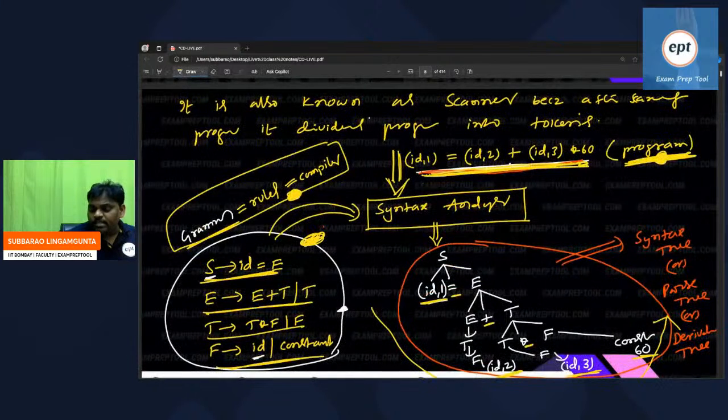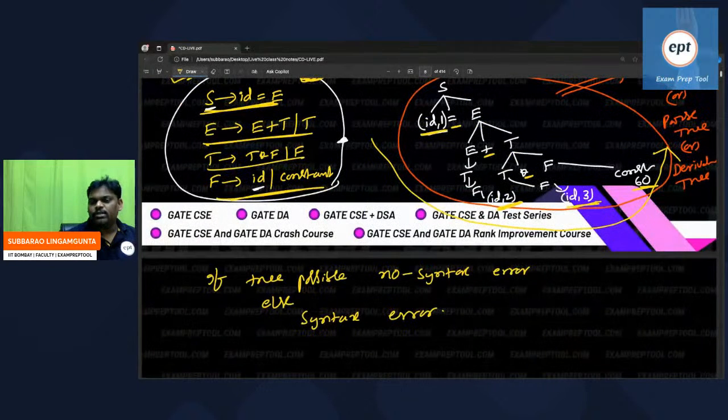One is coming from inside, another from outside, which is the user's. So the input is a program or token string, and the output is a syntax tree. If the syntax tree is successfully created, there is no syntax error.